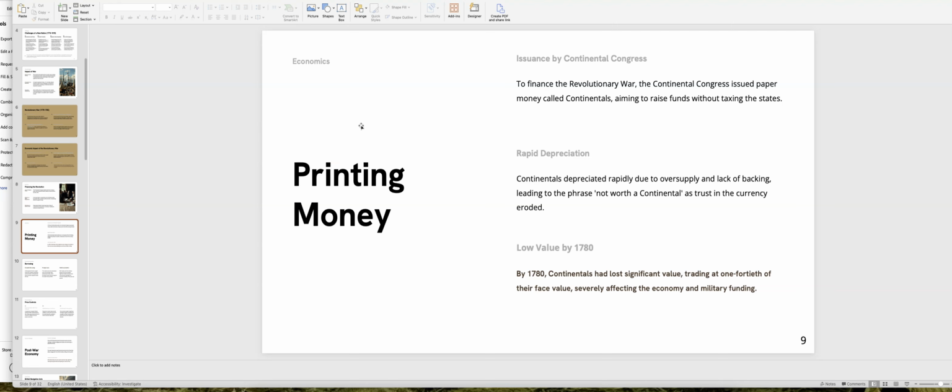So you don't get the Constitution again until 1789, after the war is won. And again, you don't get the Bill of Rights until 1791.